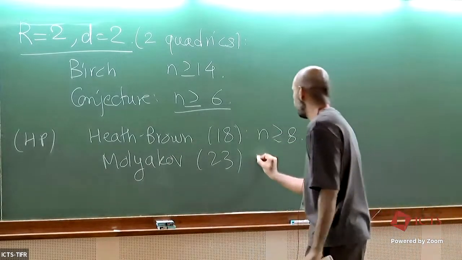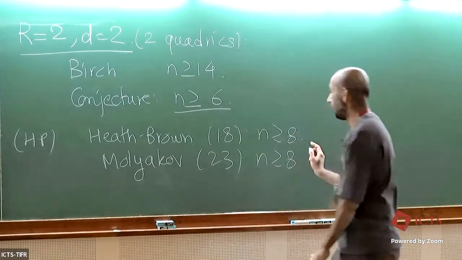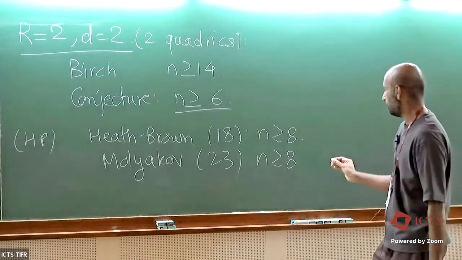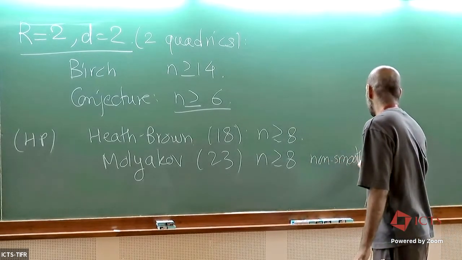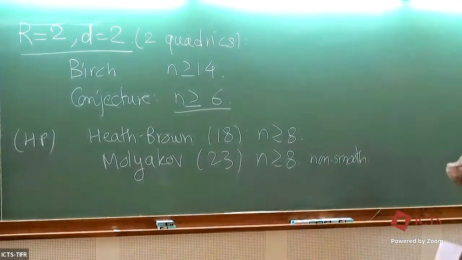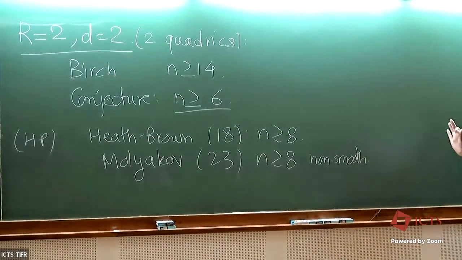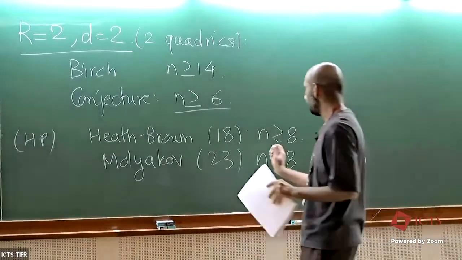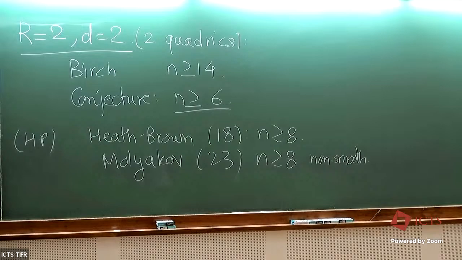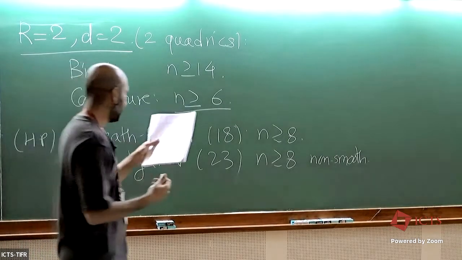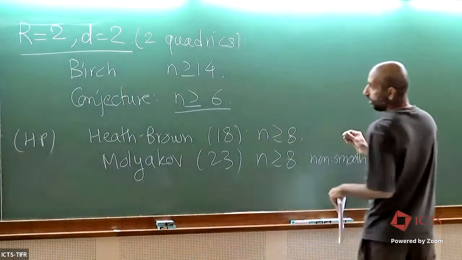He removed the assumption of smoothness. So he only needs a much softer condition like irreducibility of the variety or something like this. It's a very general result. You can prove the Hasse principle, not just assuming smoothness, but for a general class of complete intersection varieties.